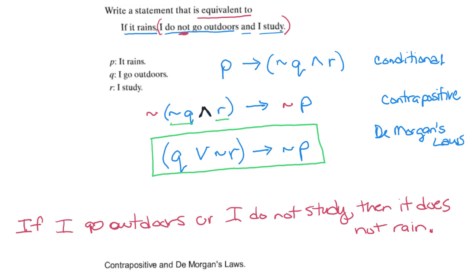If I go outdoors or I do not study, then it does not rain. This is an equivalent statement to if it rains, I do not go outdoors and I study.